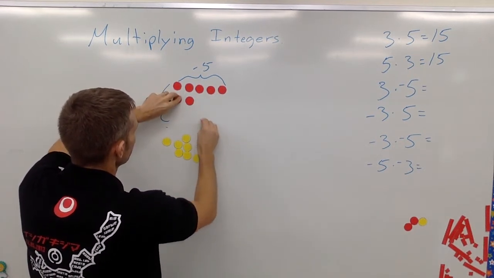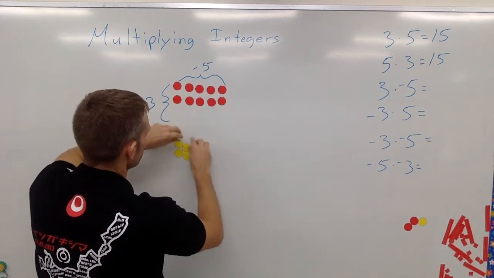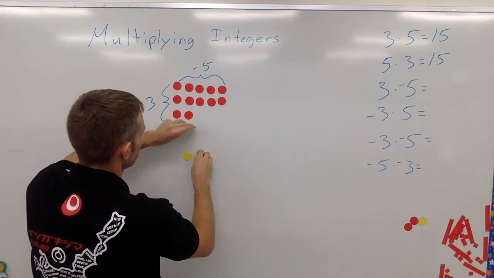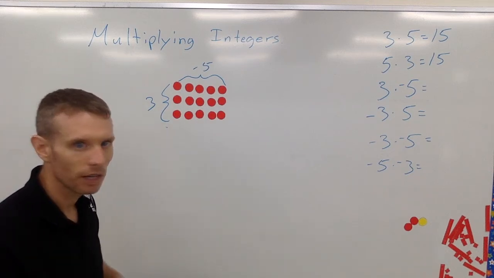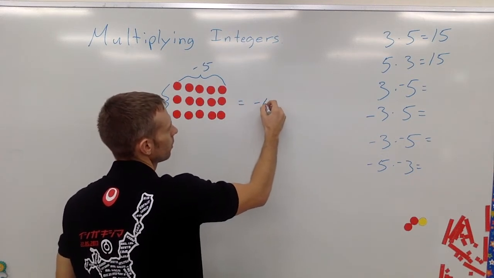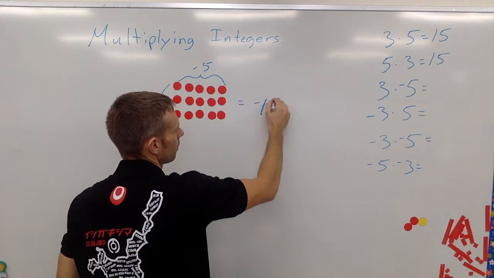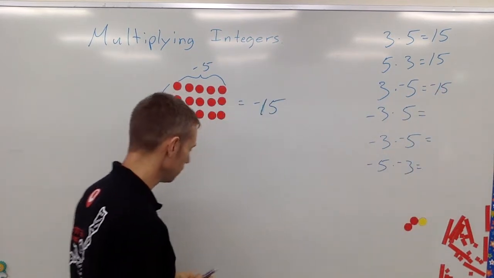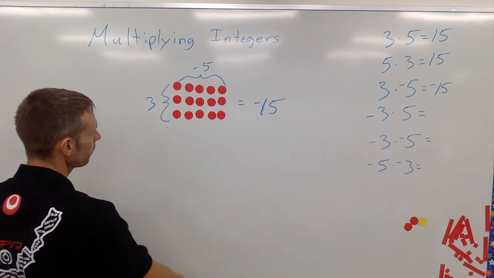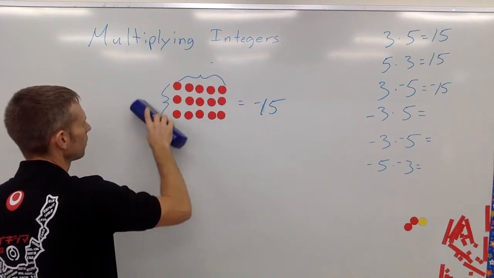Probably you can already see what's going to happen. There's 3 groups of negative 5. That gives me a total of negative 15.